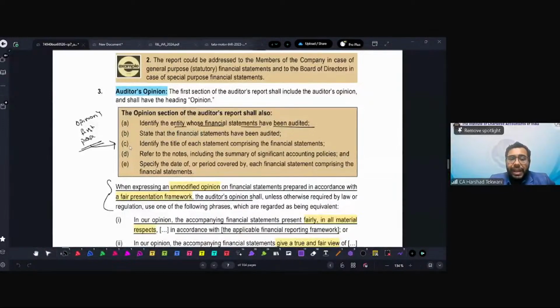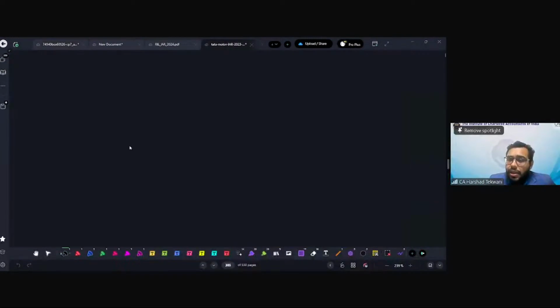What financial statements you are auditing, and the same has been done in the audit report.